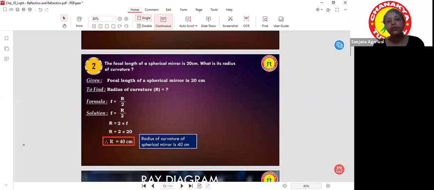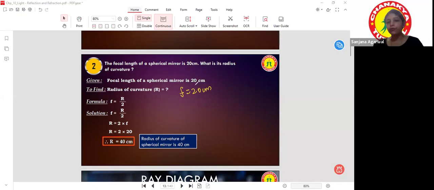Next, the focal length of a spherical mirror is 20 centimeter. What is the radius of curvature? Keep practicing, children. This time the focal length is given as 20 centimeter. What is its radius of curvature? Okay. So the focal length is only 20, that is, no negative sign, which is positive.